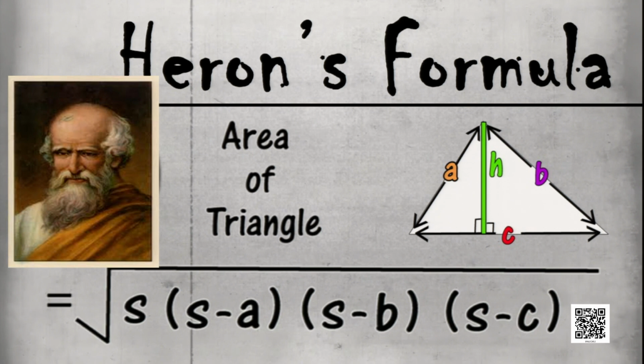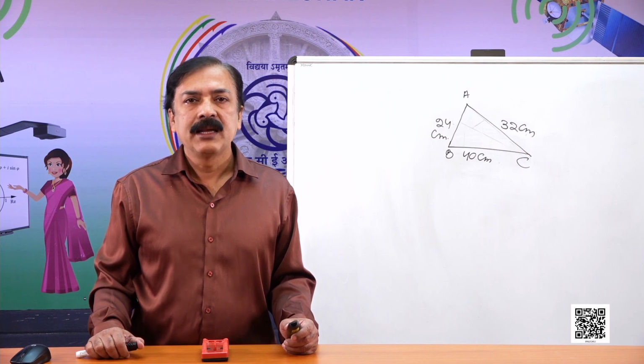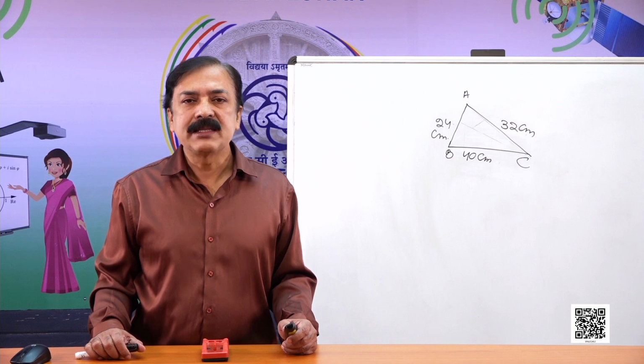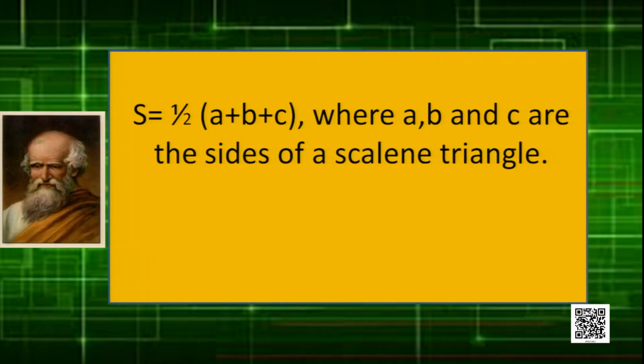These a, b, c are the sides of a triangle. Then what is s? s is half of a plus b plus c.